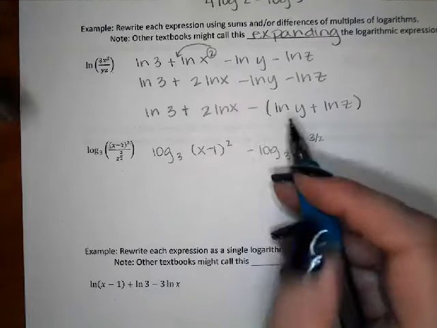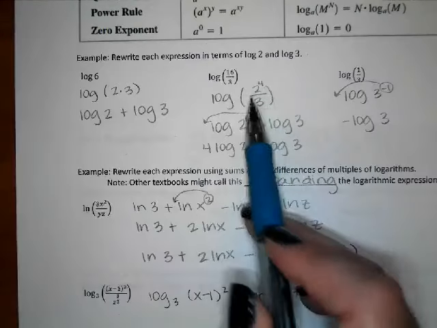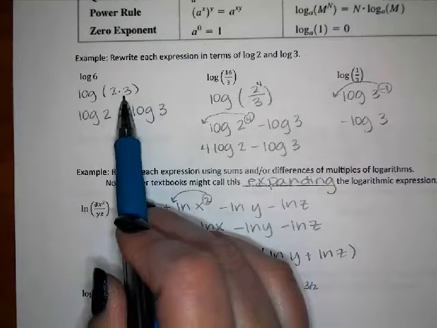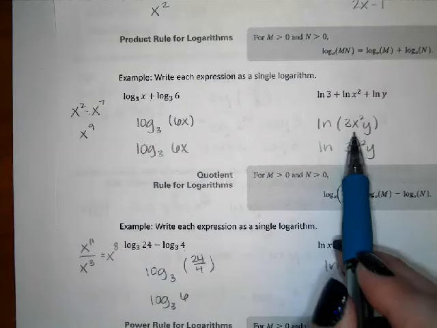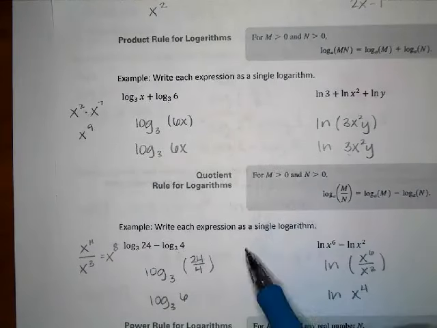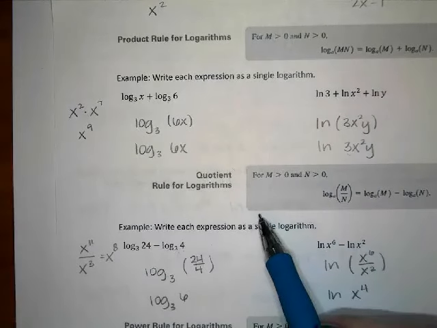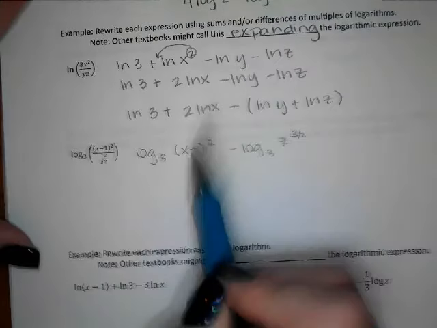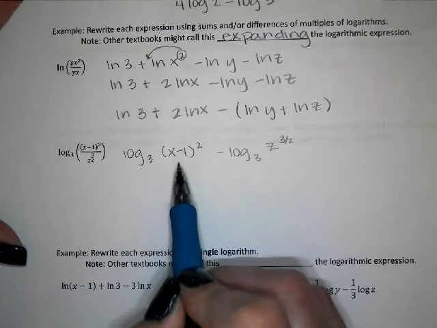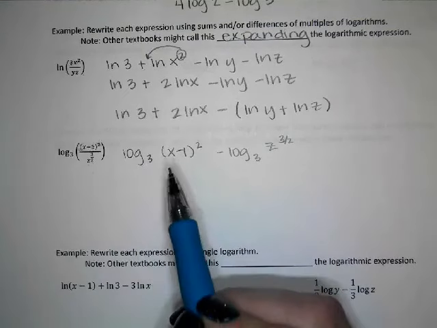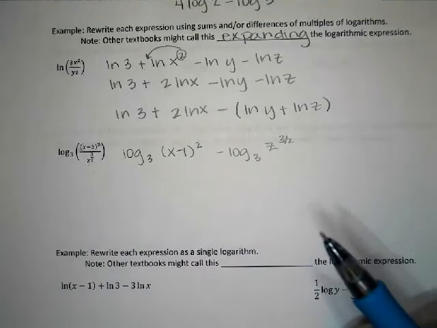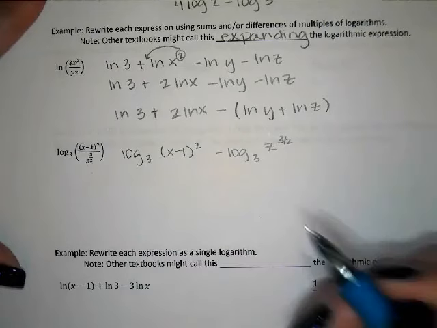All the other times when I put the parentheses, 2 times 3 here, 6x here, it was just for my personal preference. It didn't matter. It's just because it made me feel more comfortable when I was looking at it. But for this expression right here, if you put log base 3 and have x minus 1 without the parentheses, you're actually writing it incorrectly. So that's something to be aware of.